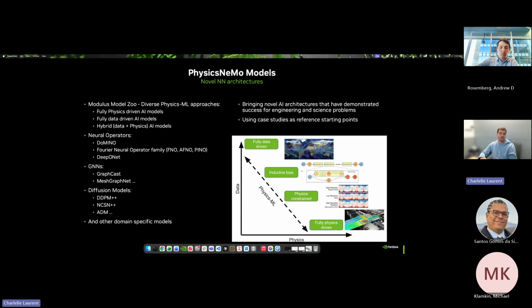That means we have some kind of physical constraint or physical losses. Not everything. Some are fully data-driven, but most of them support some kind of PDE-based information or PDE residual information. And we have a bunch of other models that are more domain-specific or application-specific, in particular for weather and climate.